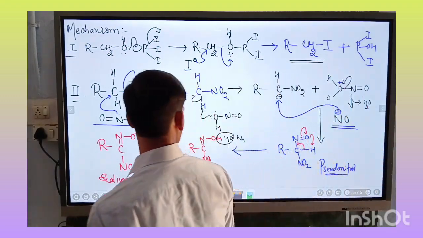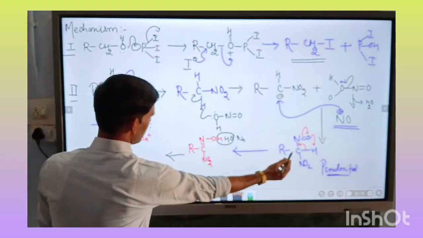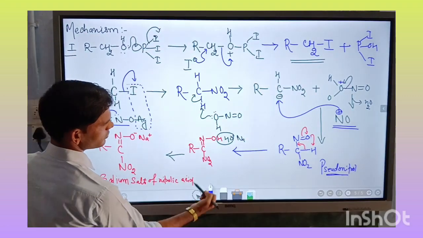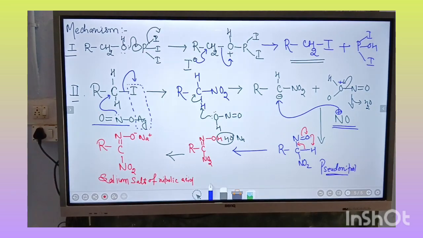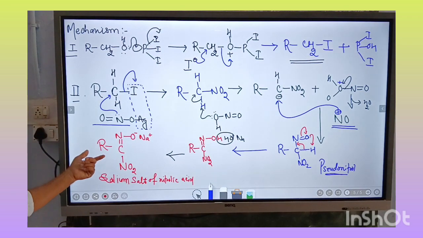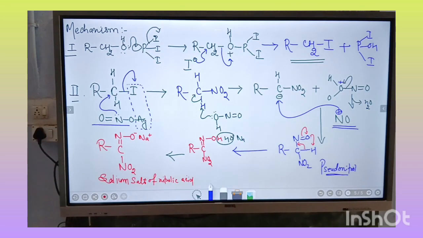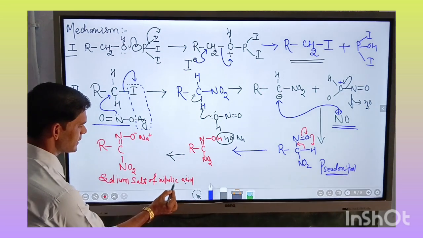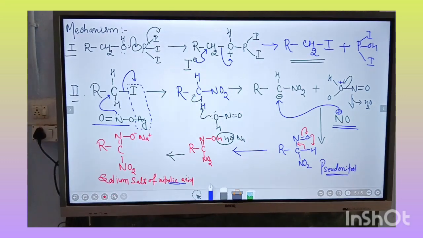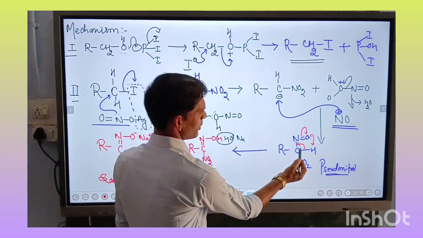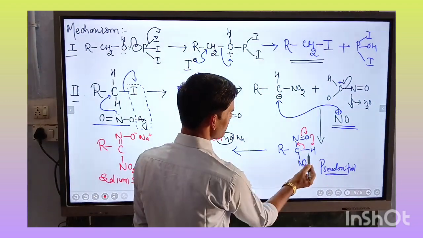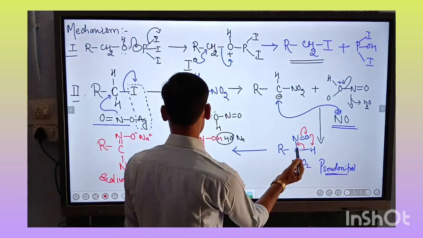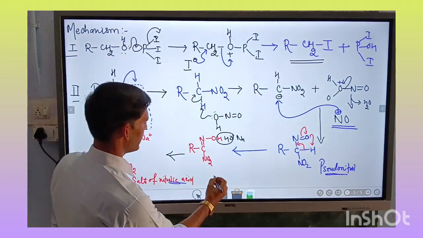Now in the next step, pseudonitrole is treated with sodium hydroxide and gives us the sodium salt of nitrolic acid, and this is red in color. Here, due to the presence of this alpha hydrogen, acidic hydrogen, tautomerism takes place, and due to tautomerism it produces nitrolic acid.